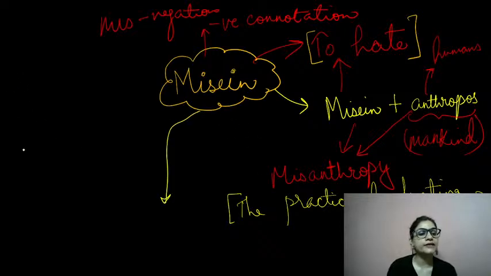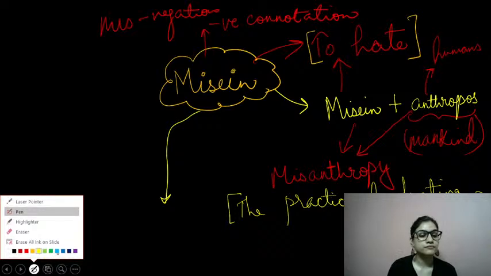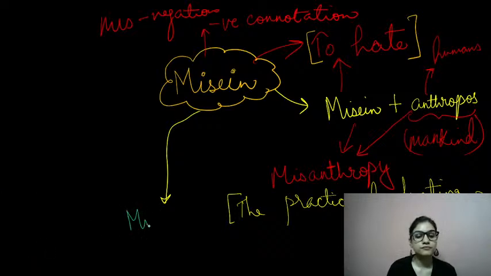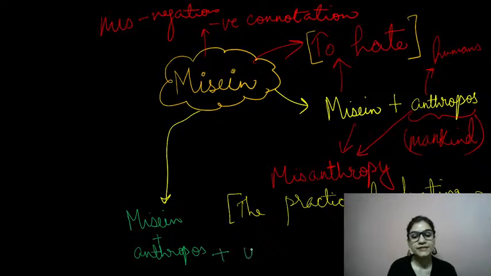And if I add words like misane plus anthropos plus ist. So ist refers to personhood, right? Ist refers to personhood.